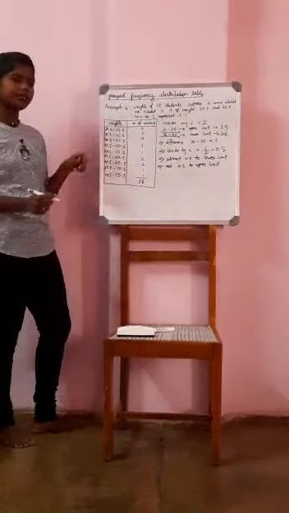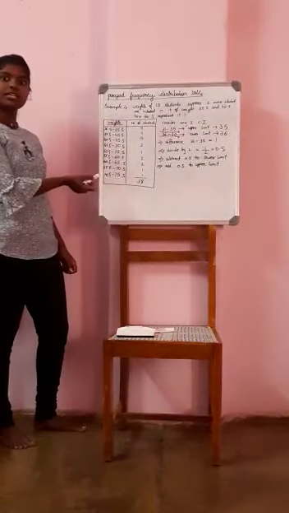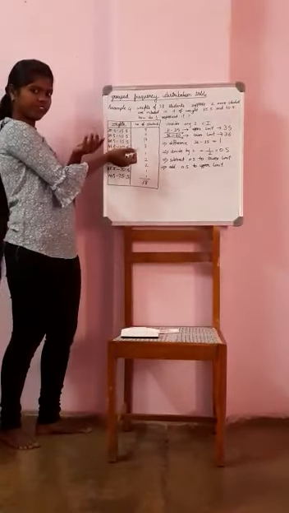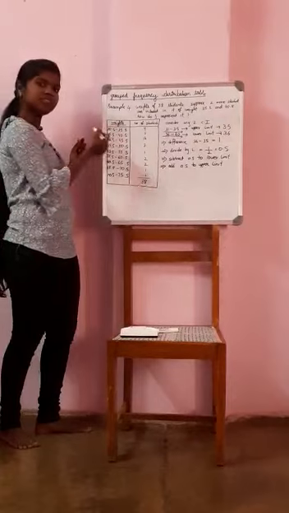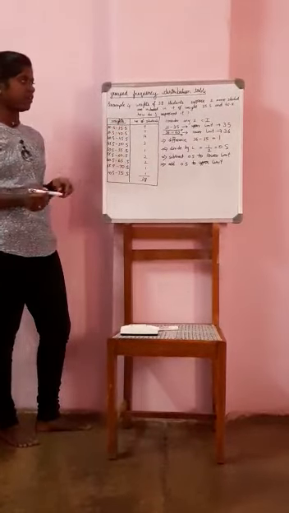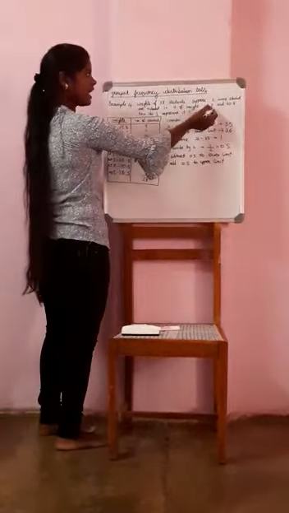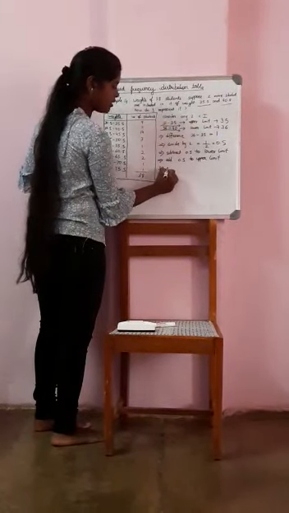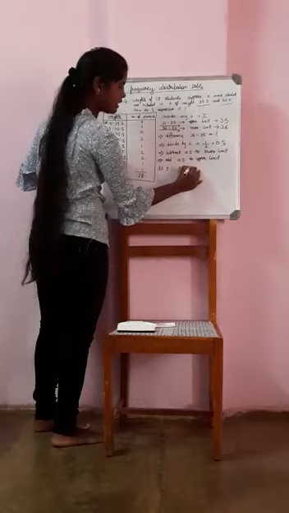Now you can see that my data has become continuous data, 30.5 to 35.5, and again it starts from 35.5 to 40.5. Now I can add these two students whose weights are 35.5 and 40.5.